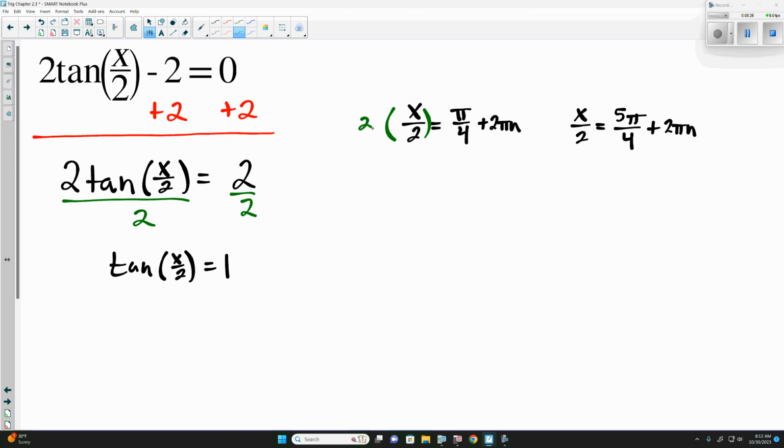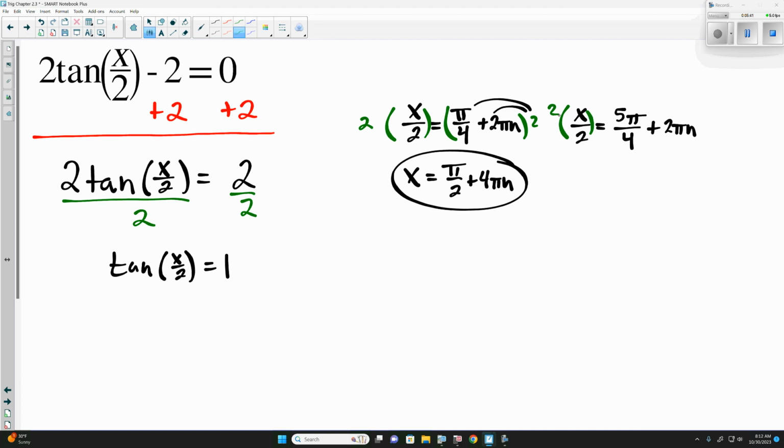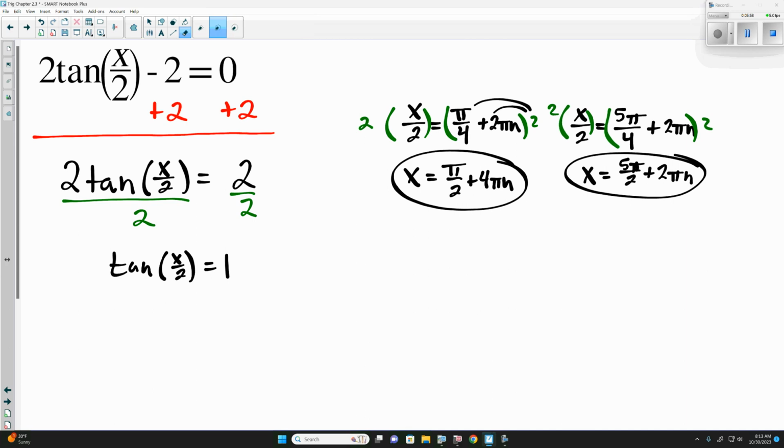And to finish this up, we're going to multiply both sides by 2, telling us x is equal to, distributing the 2, pi over 2 plus 4 pi n. On the other one, we would distribute the 2 also, telling us x is equal to 5 pi over 2 plus, oh, not 2 pi n, 4 pi n.